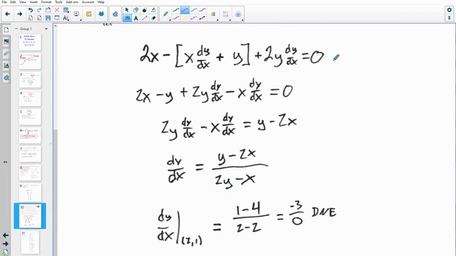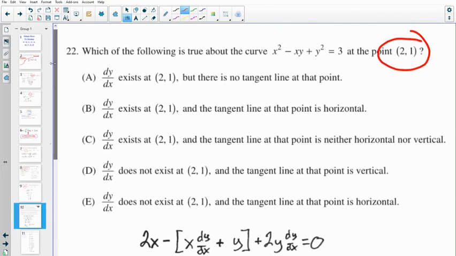This should hopefully look familiar, even though it's been a long time since we did it. I'm separating my terms with dy dx and my terms without dy dx, so I can factor out the dy dx and then divide. When I did that, I got this for my dy dx, and then I plugged in the value at this time. The value of this derivative at the point 2, 1 is, well, dividing by 0, which does not exist. And I've got two different options for the does not exist.